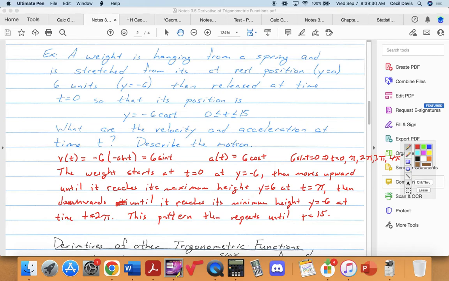Now, if you've ever actually done an experiment like this, what happens is that you pull it down to negative 6, and it goes up, goes down, but what happens pretty quickly is it starts going less and less in each direction, right? Okay, pardon? So yes.